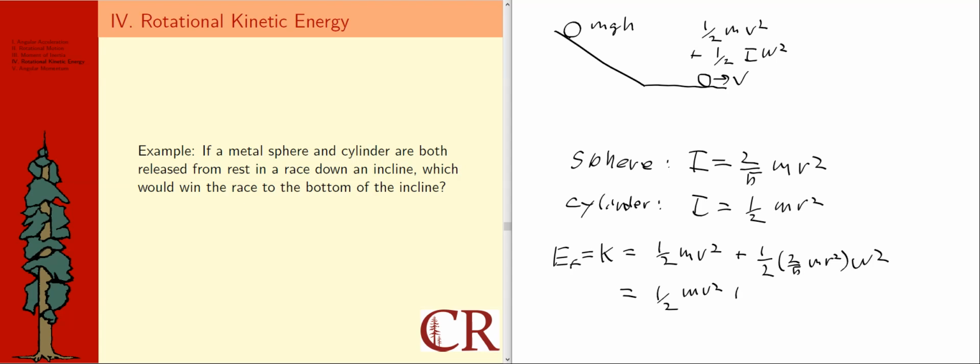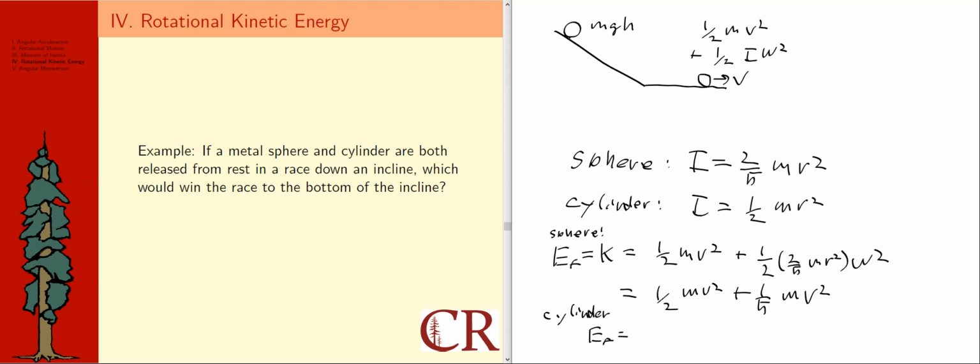So here I would get, if I cancel some 2's, 1/5 m v squared. Well, what would have happened for the cylinder in terms of the final energy?